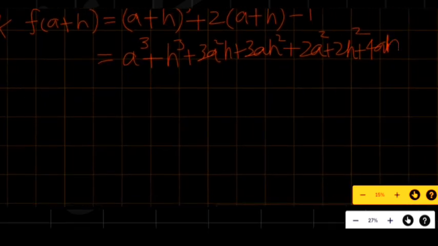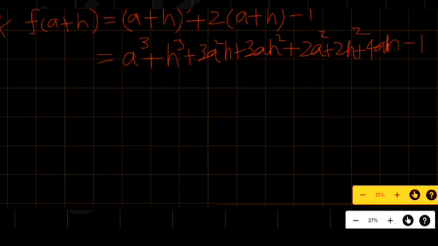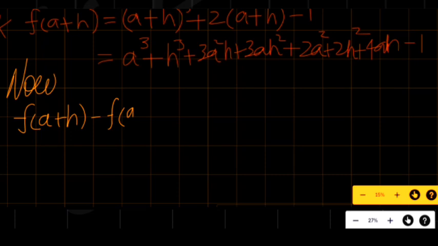Now this is f of a plus h. Now we write that expression again. F of a plus h minus f of a divided by h. On right side we have to write f of a plus h. This all is f of a plus h.